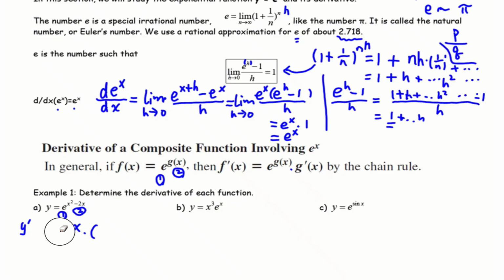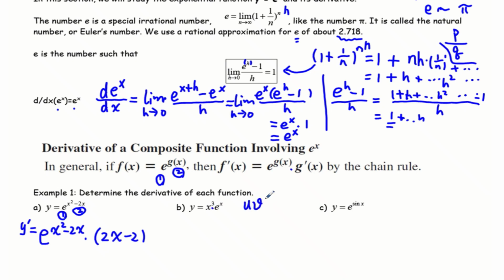Then we times the, so I will rewrite it again. So equals e to the x squared minus 2x, then times the derivative of x squared minus 2x, which is 2x minus 2. Then it's done. The second one is multiplication.